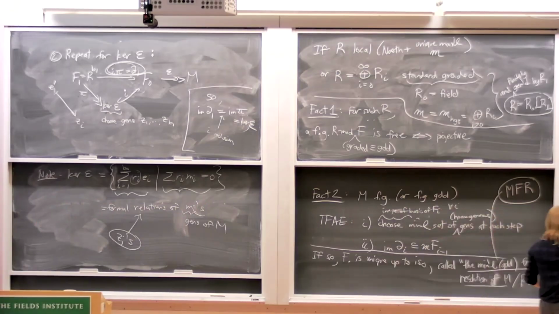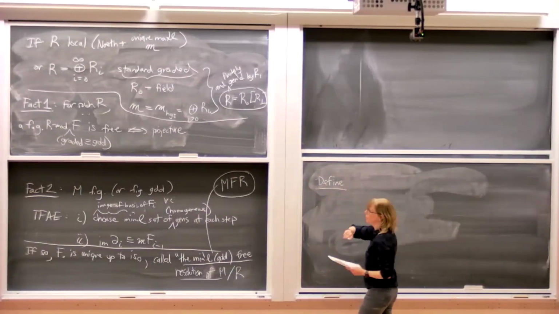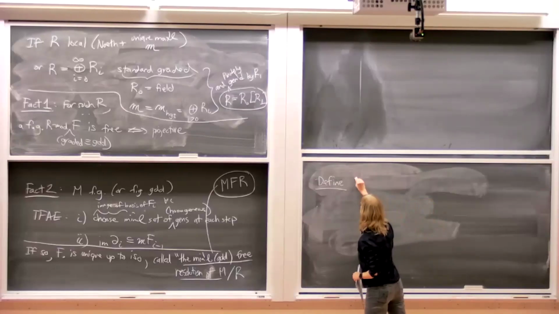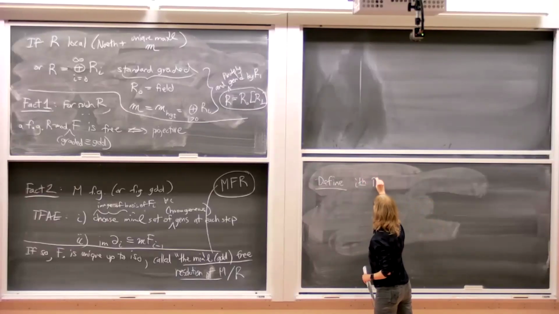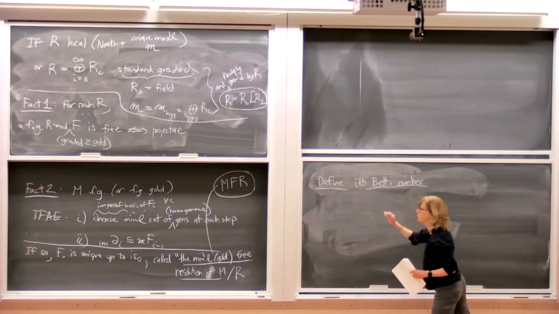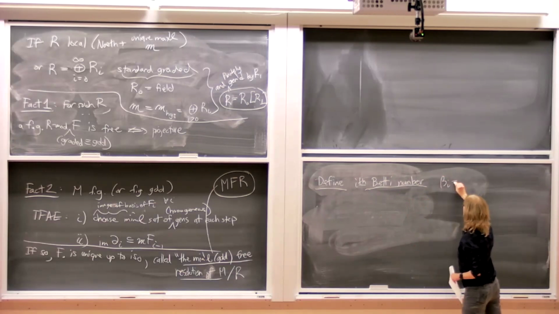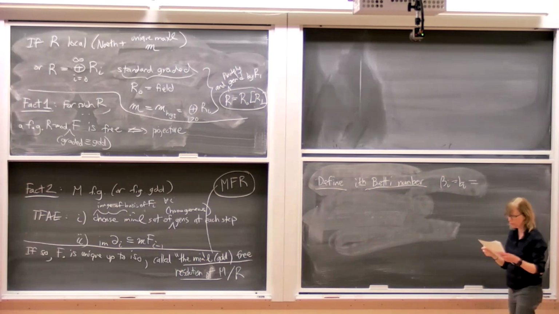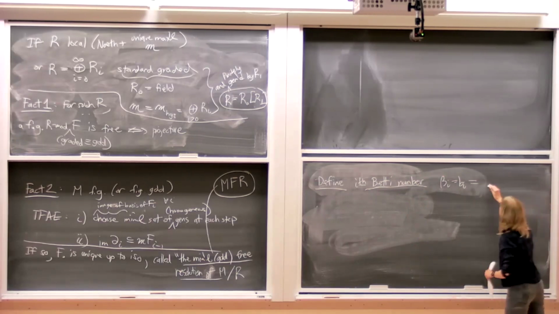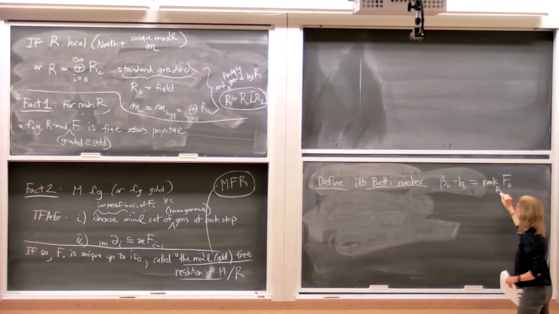Okay, so the first thing we can notice in there is that the ranks of the free modules are going to give you a nice invariant. So define the ith Betti number, beta i or b_i, depending on what mood you're in, to be the rank of the F_i as a free R module.